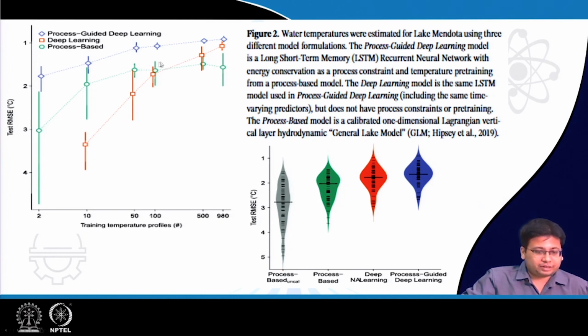RMSE is the error of prediction they have calculated for the different models.